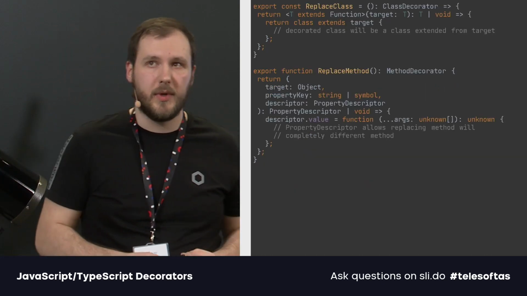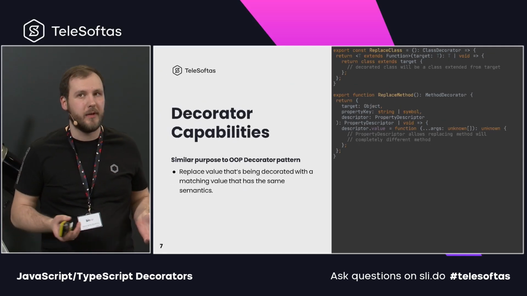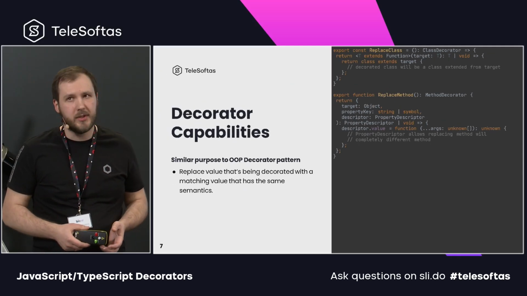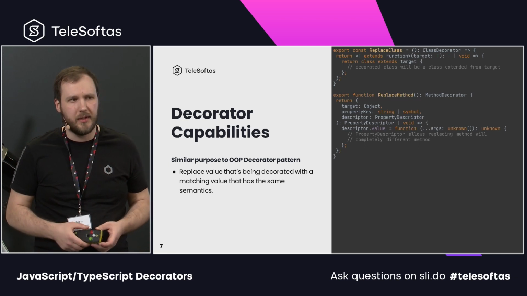Now that we know what decorators are, the question is, what can we do with them? It's a complicated question. There are many use cases, and you can think of your own.